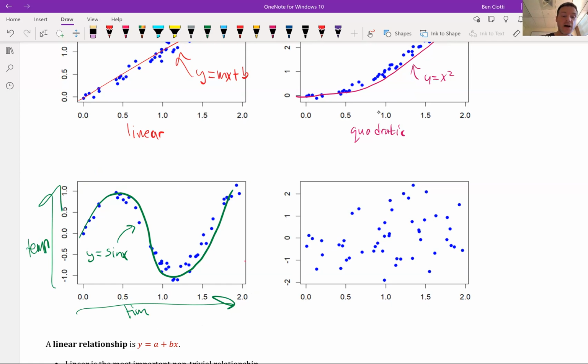So again, this is not linear. Finally, we have an example of paired numeric data with no apparent relationship. So in this case, there's nothing that you can really do. Not regression analysis, not a transformation. So we won't be handling such cases.